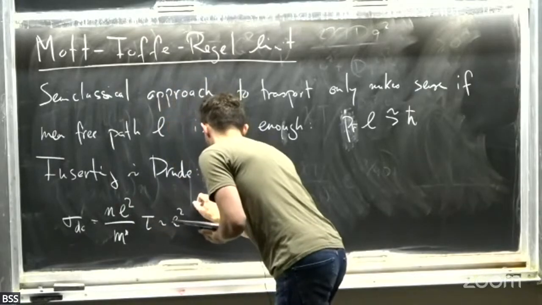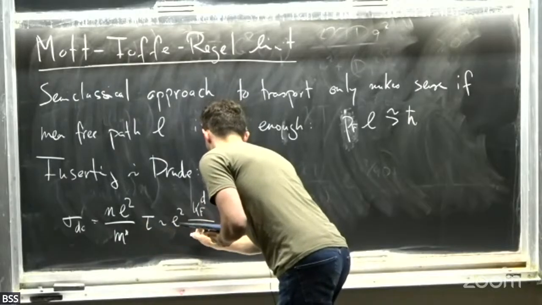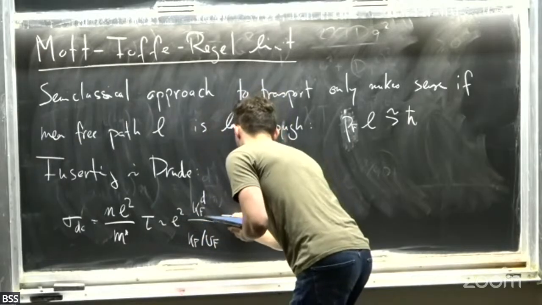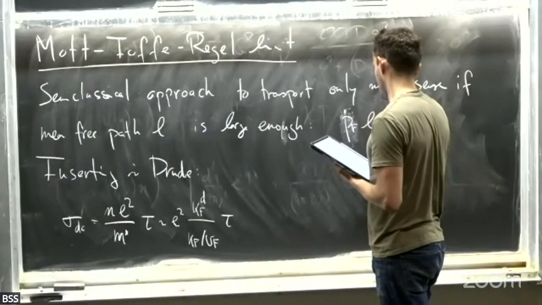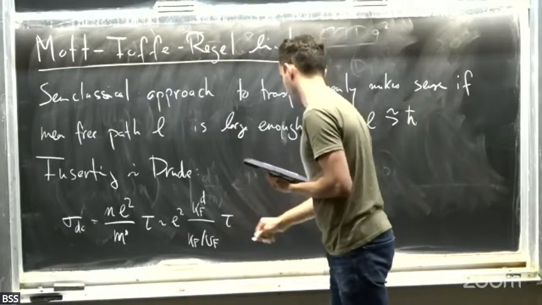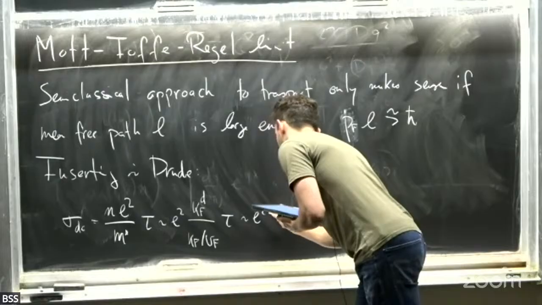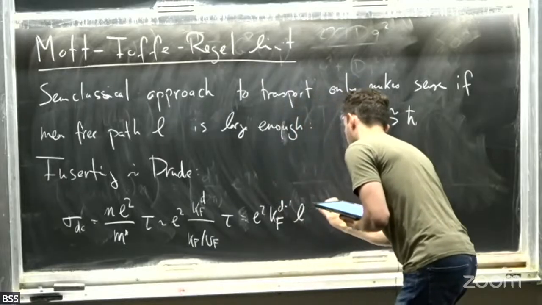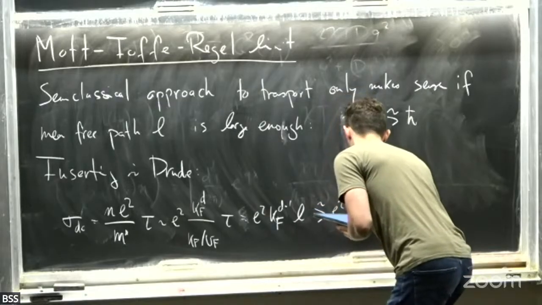So density is going to be k_F to the d. m is going to be k_F divided by v_F. The mean free path is mean free time times v_F, and so we land on e squared on this quantity, which better be larger than e squared over a_F.